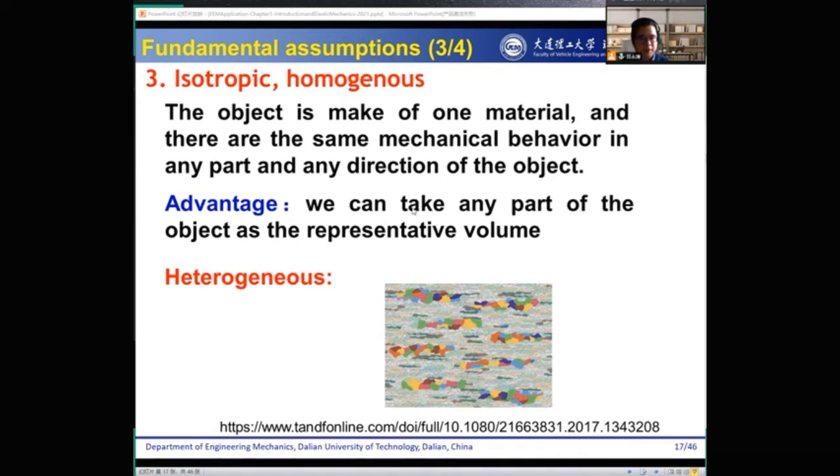In a real situation, we have much more complex material. For example, we will have heterogeneous material, which means the material is a mix of several different materials. As we see here, different colors represent different materials. Those are very important concepts: homogeneous, heterogeneous, isotropic, orthotropic, anisotropic.